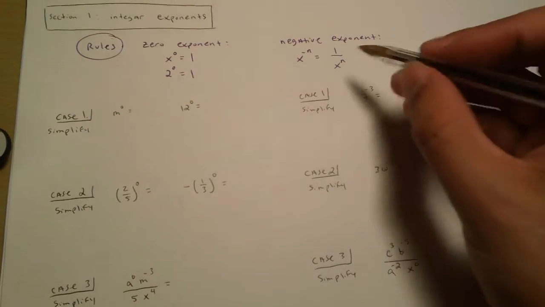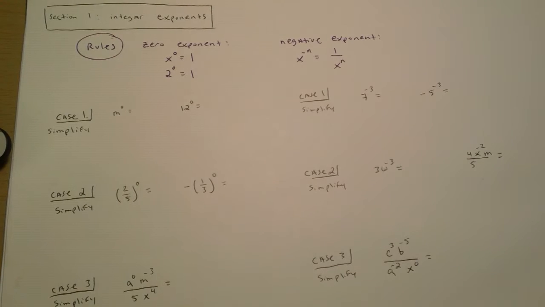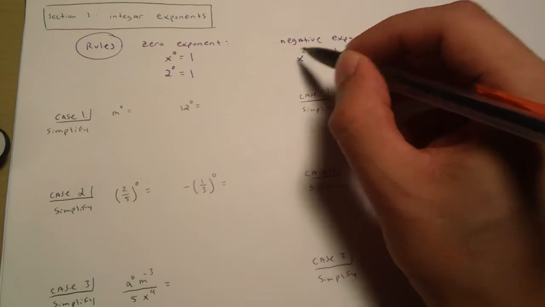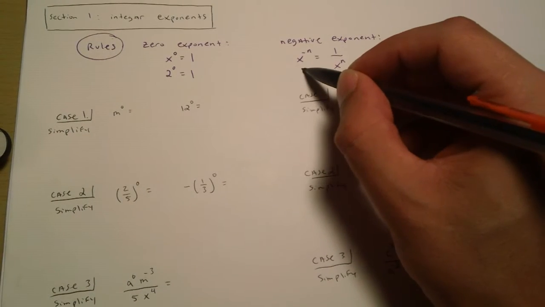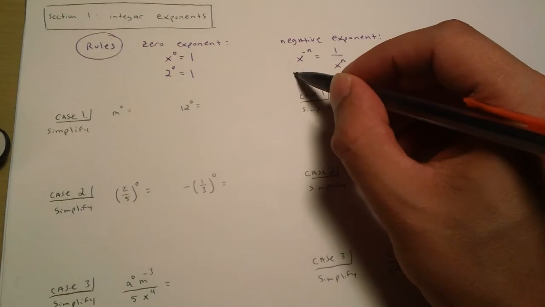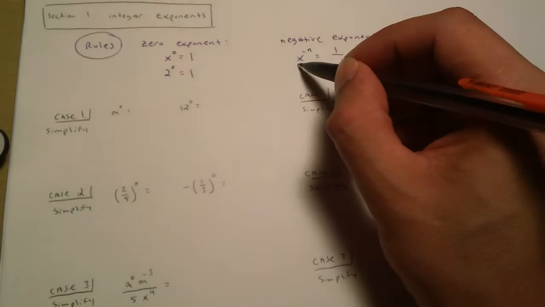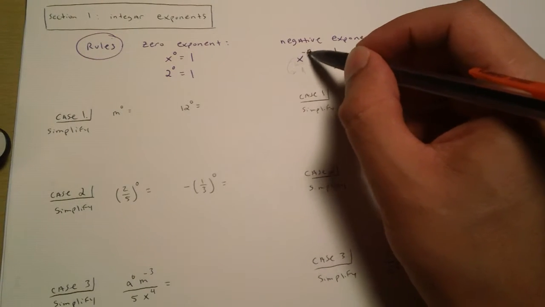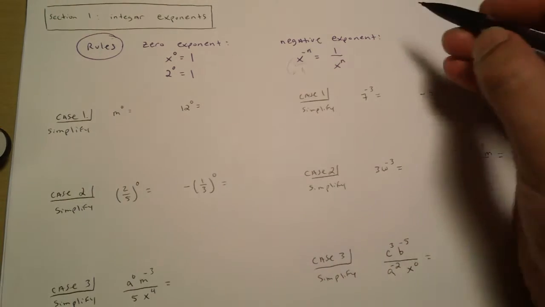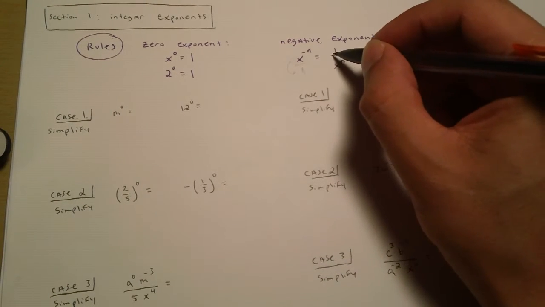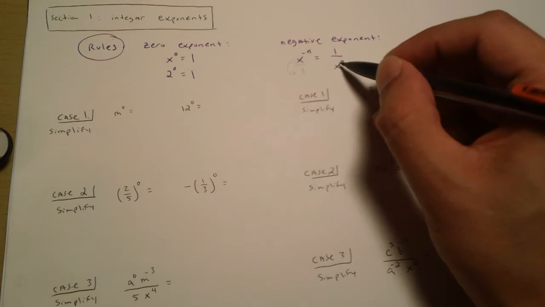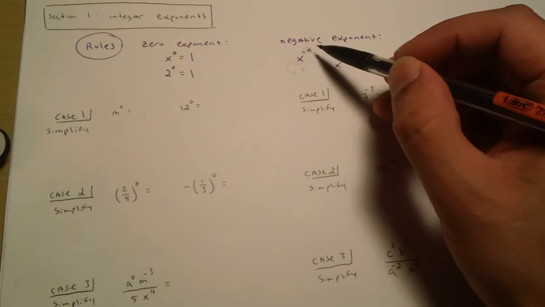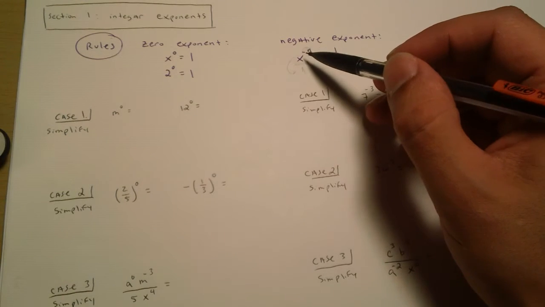So an easy way to remember this is to imagine this is the numerator already, and we're trying to shift this down towards the denominator. So in essence, we just want to bring this whole entire term down to the denominator, and there will be a 1 left over on top for the numerator, and all you need to do is switch the exponent in that letter or number raised to that exponent.